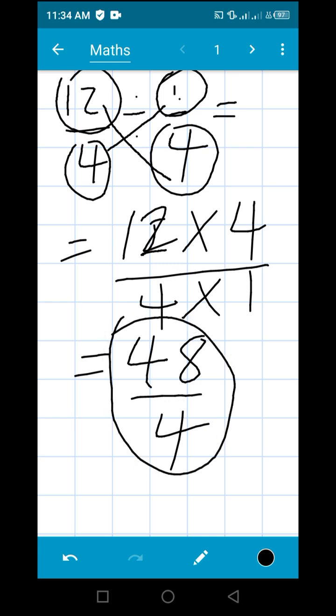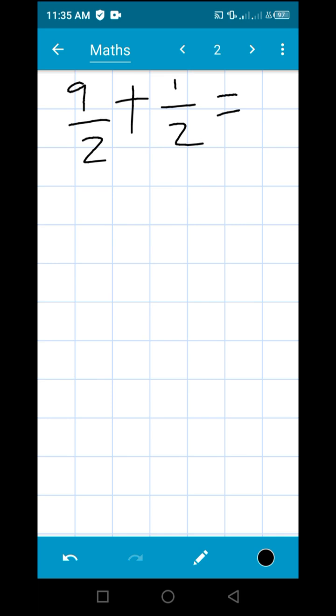So we are going to use the next method in the case of addition of fractions. We have this question here, 9 over 2 plus 1 over 2. In this case, it's a different technique, but still the same strategy being applied. But of course, here we are going to see the small additive that we are going to add.